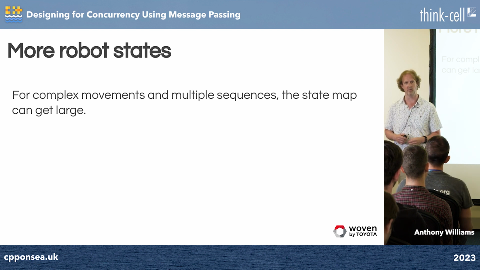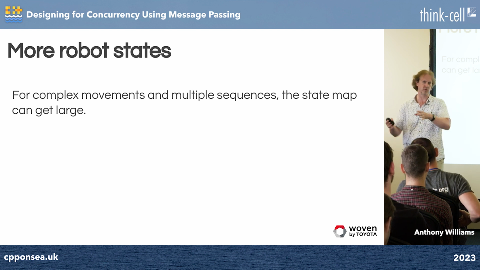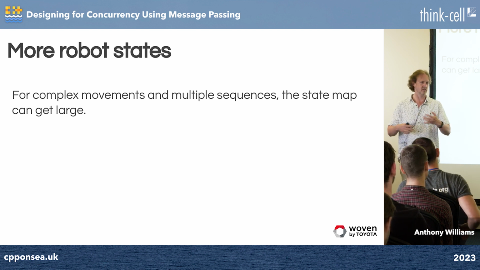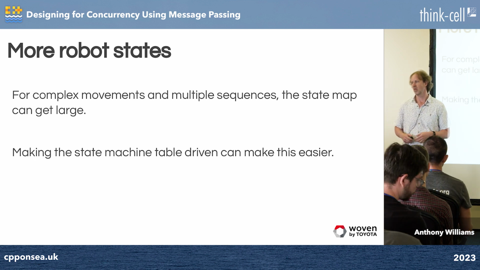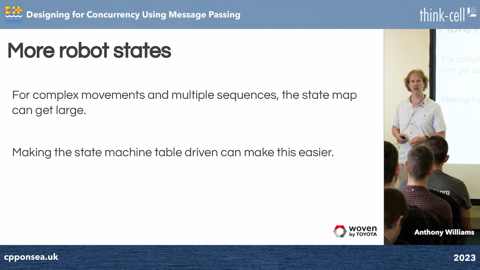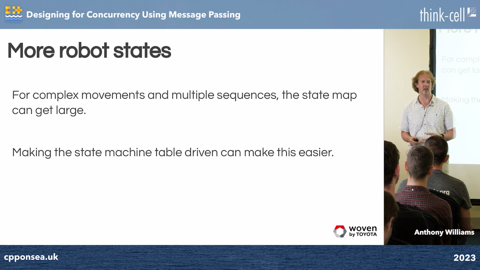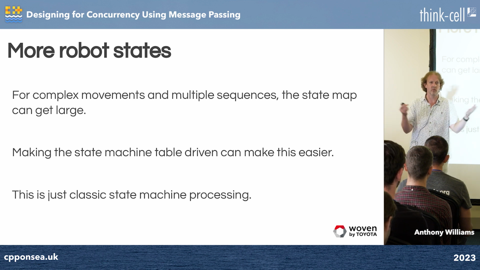In practice, you end up with many, many states for a given robot, because it will have a whole set of pre-programmed movements, and those movements will have multiple stages, and you end up with a very big state map, and you need something to manage it. But we know how to do that. Table-driven state machines is how we chose to do it, but there are many ways of doing that. It's just classic single-threaded state machine stuff. So as an industry, we know how to do this.